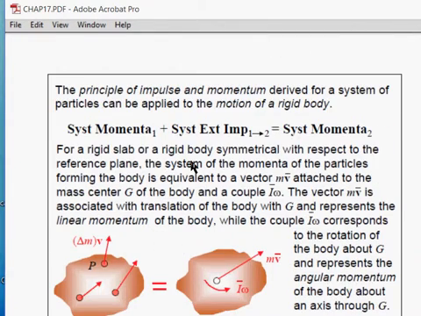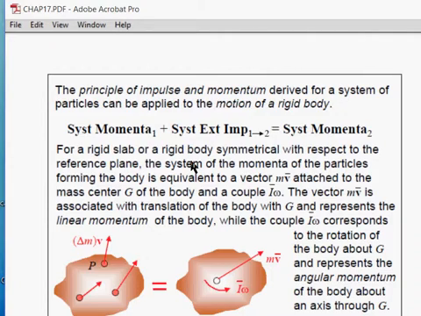Now, this is an interesting slide because it is very important. We need to look at what the momentum of the system is at position 1 and what the momentum of the system is at position 2.